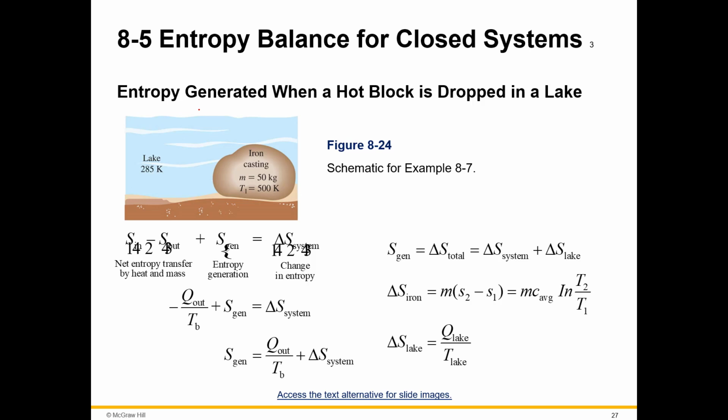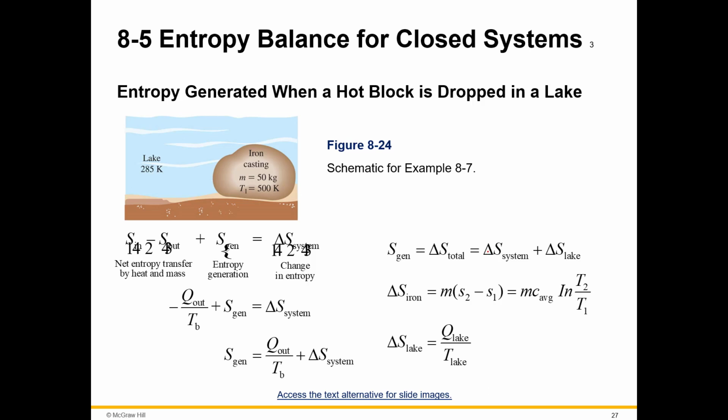So here, entropy generated when a hot block is dropped in the lake. It's just a schematic that we have, but basically it's just taking those formulas and putting it in. So if we have entropy generated equal to the change of the total entropy, it is also equal to the change in the entropy of the system plus the entropy of the lake.